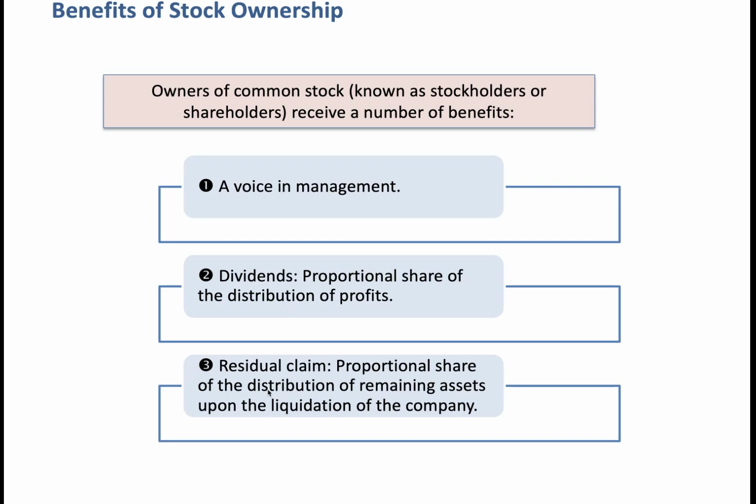What is a residual claim? A residual claim is relative to the claims by the creditors. So when the creditors lend monies to the company, the creditors get a fixed return, which is the interest. Remember, the interest rates are always fixed during the year, say 12%.